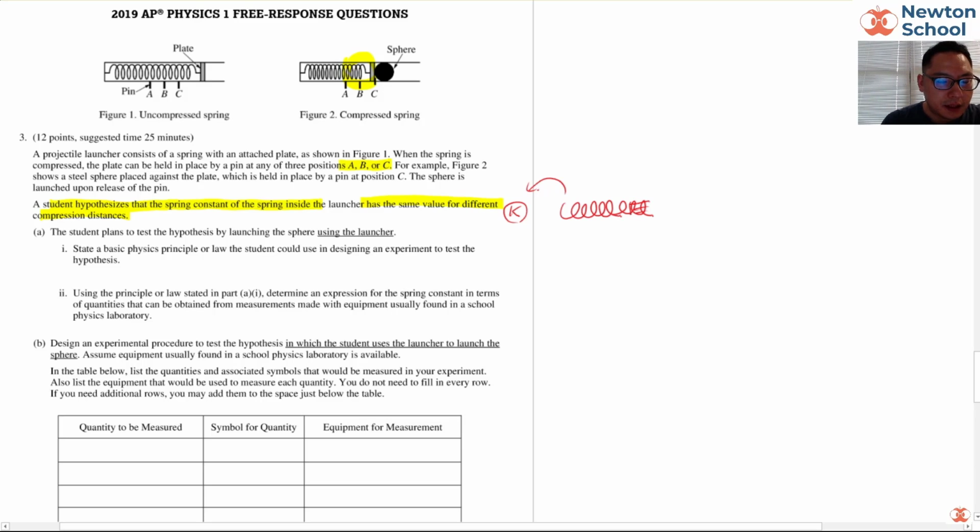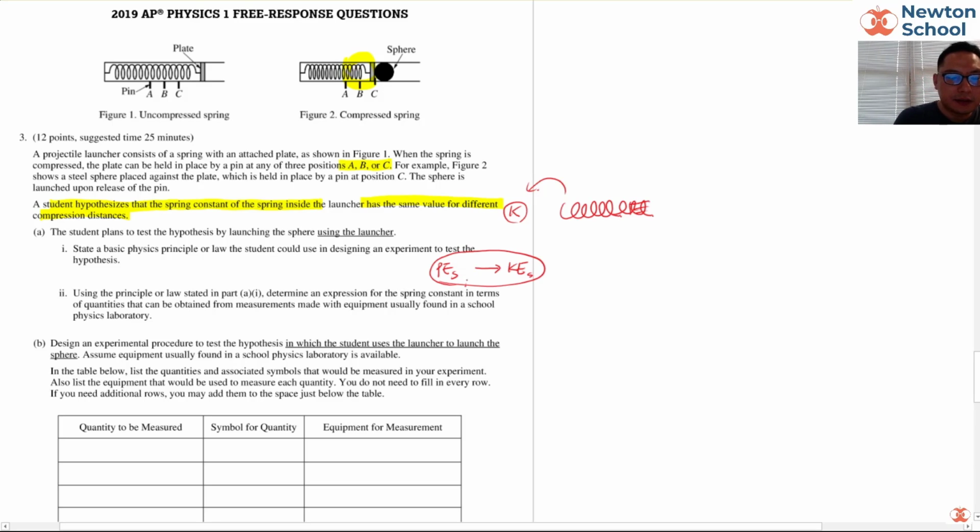A student planned to test the hypothesis that the spring constant does not change using the launcher. State a basic principle or law the student could use in designing the experiment to test the hypothesis. So probably you'll have to take the potential energy of the spring, change it to kinetic energy of the spear, and the spring constant K does not change in this process.